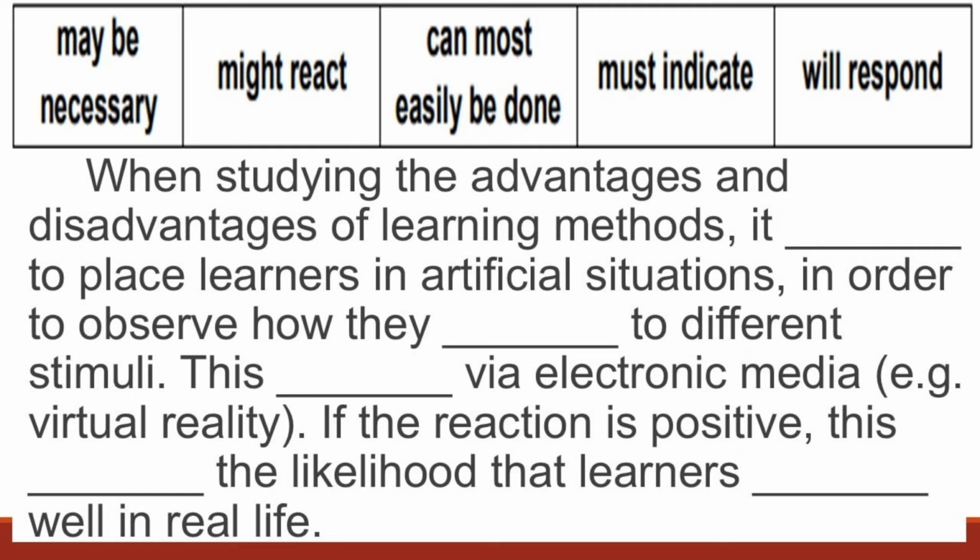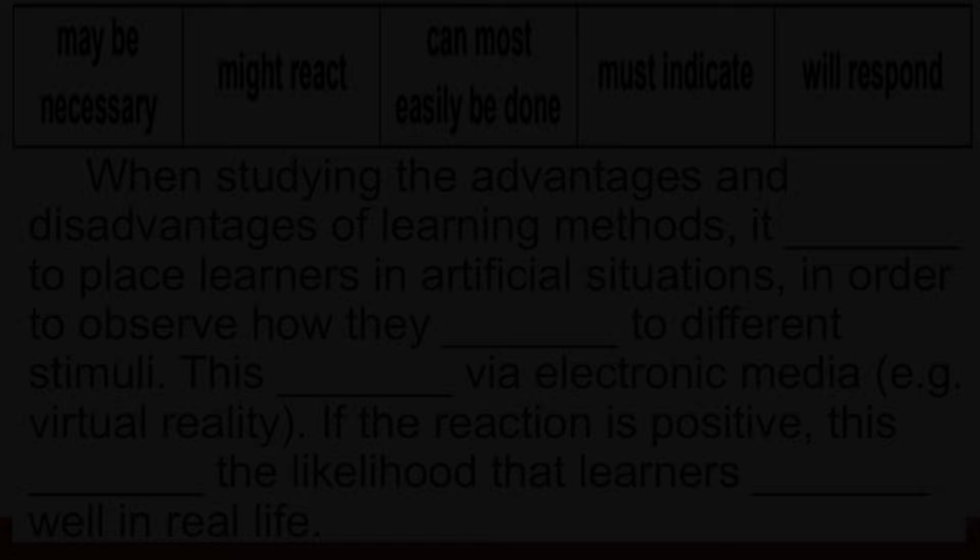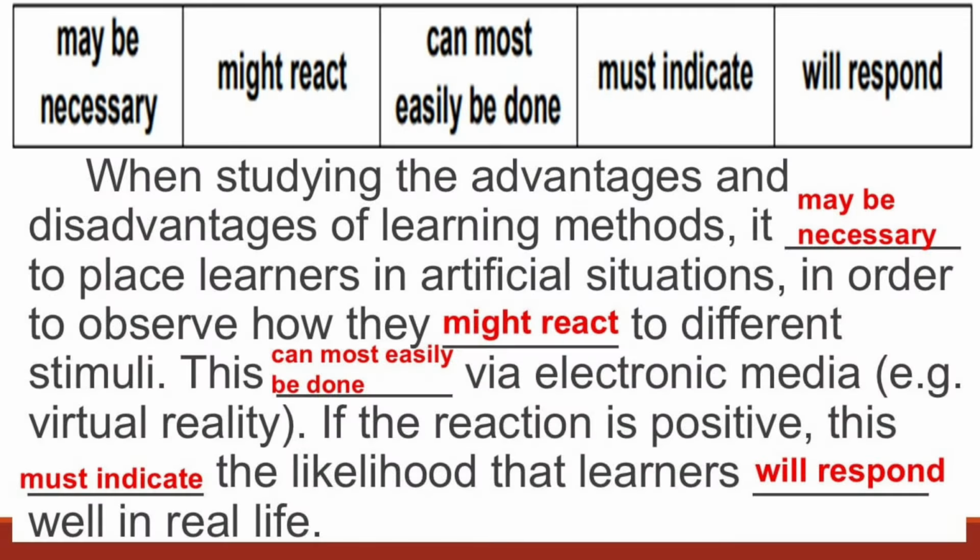If the reaction is positive, this blank the likelihood that learners blank well in real life. The choices are may be necessary, might react, can most easily be done, must indicate, and will respond.